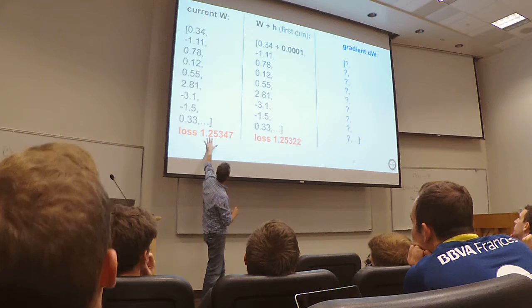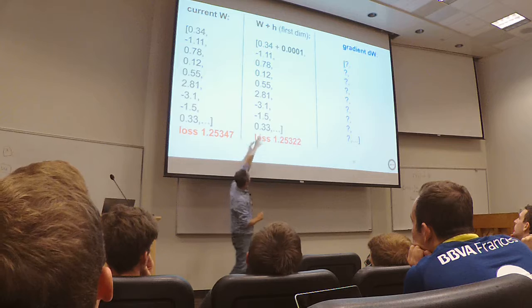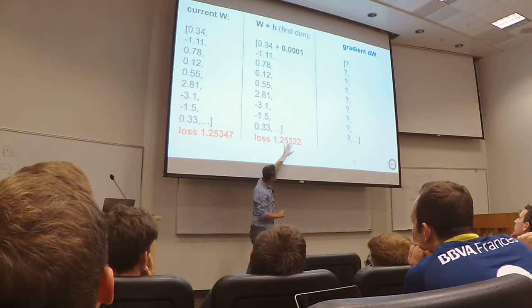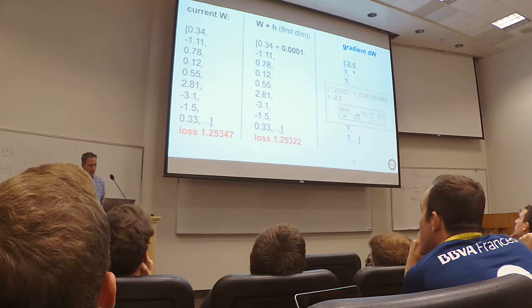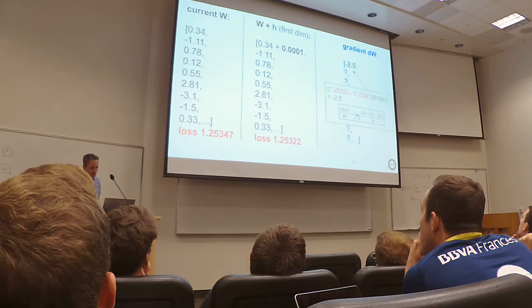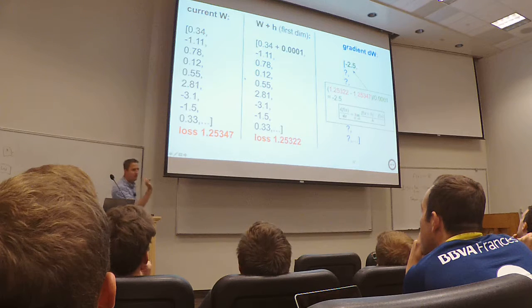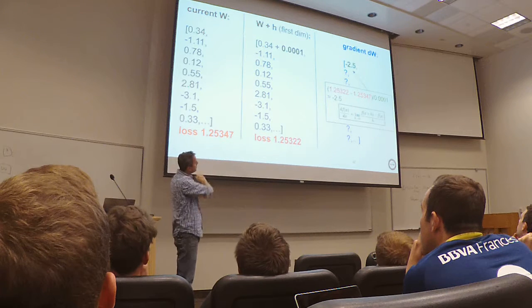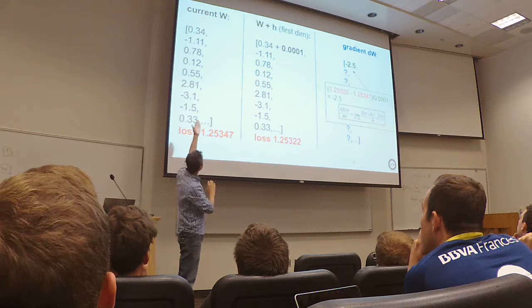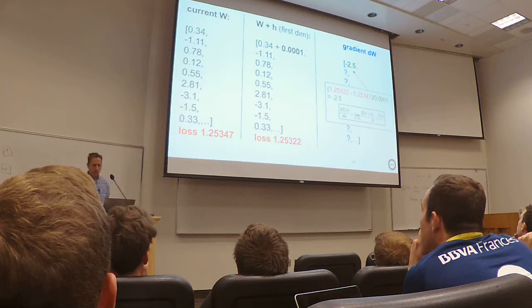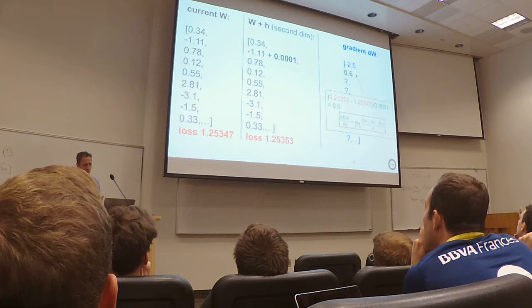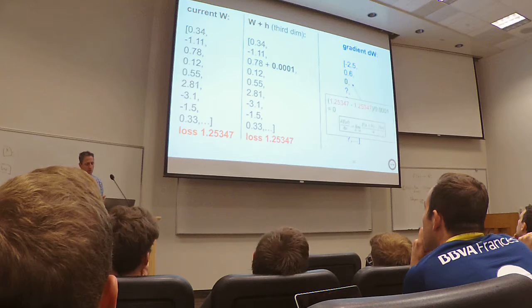If it was 1.25347 before, after the tweak we get 1.25322. We subtract those, divide by epsilon, and that gives us negative 2.5. That is the first entry in the gradient of our function with respect to w. Then we can just do that for each of these parameters. So keep doing this. Okay, so talk to me.